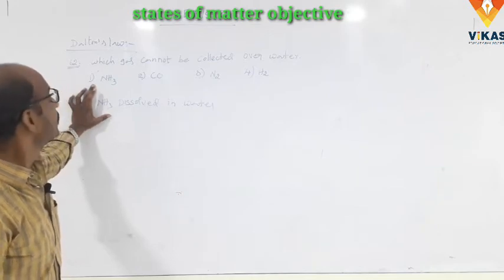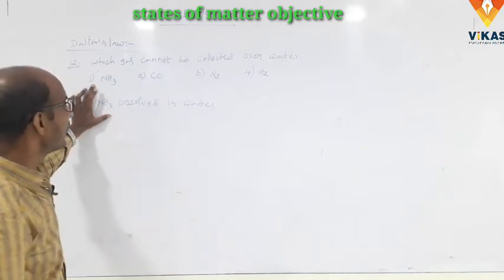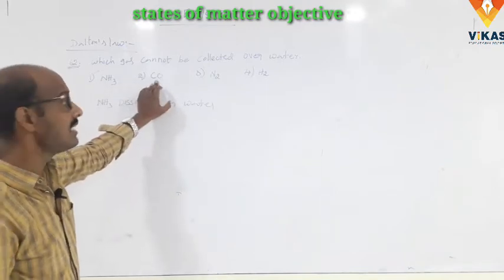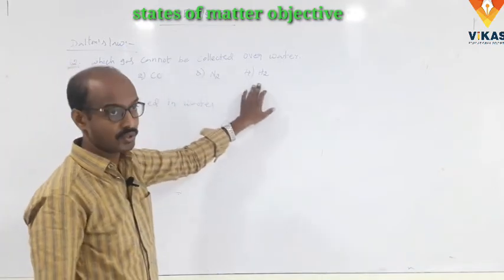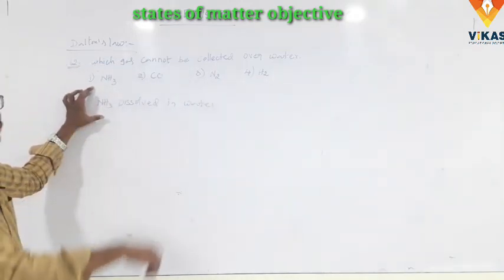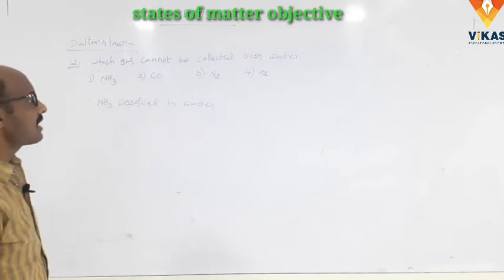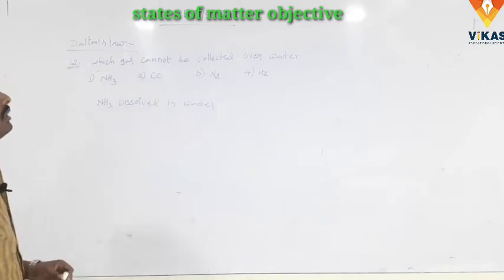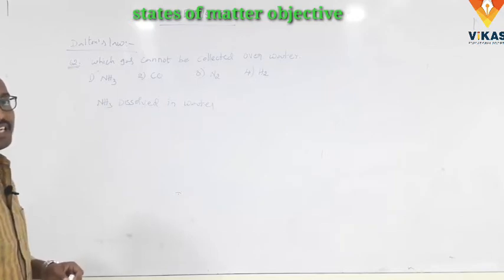So it dissolves in water and cannot be collected, and the remaining carbon monoxide, nitrogen and H2 can be collected. Among these four options, ammonia easily dissolves in water. So ammonia cannot be collected in water.